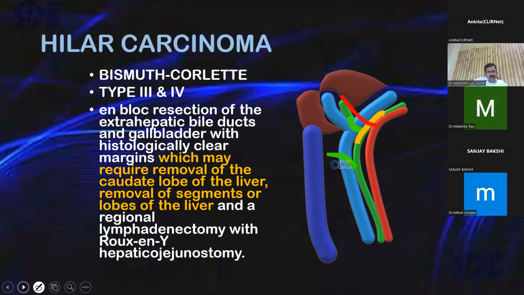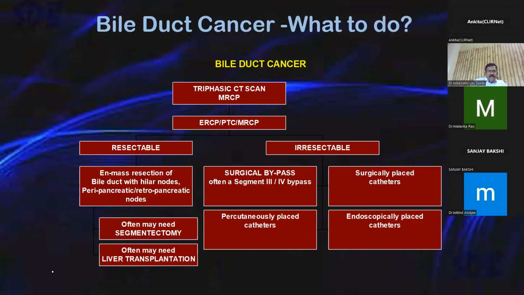And then this is the sort of flow chart, in which you do a triphasic CT scan and MRCP, ERCP or PTC, to find out whether the patient is resectable. If the patient is resectable, then resection of bile duct with hilar nodes, peripancreatic and retropancreatic nodes, often may need segmentectomy.